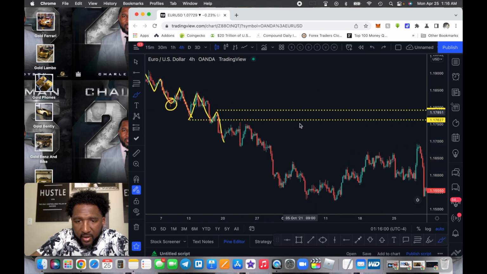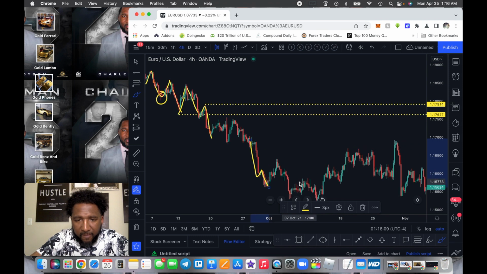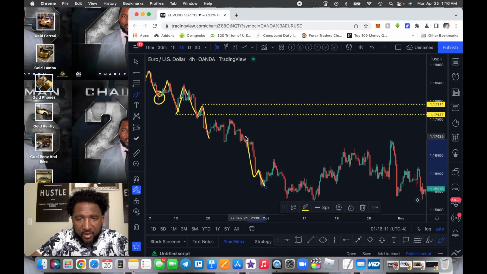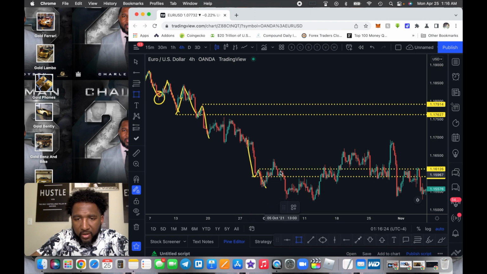All right. So we draw this out. Boom, boom, boom. Okay. Right? So the market came from up here. Right? Created a floor. Created resistance here. This whole area here would have been our sell zone.